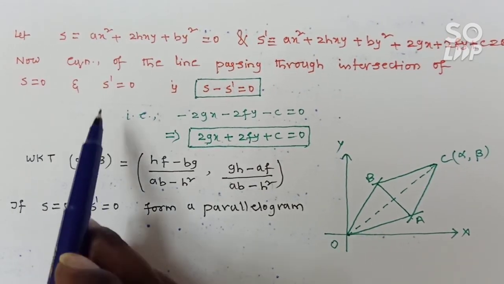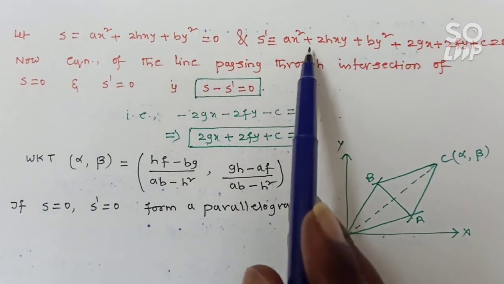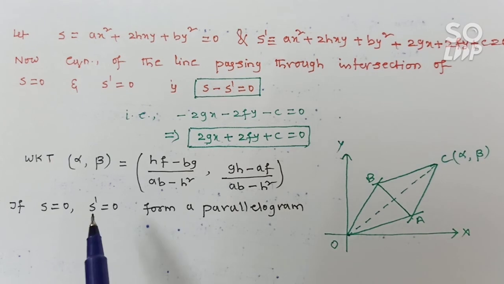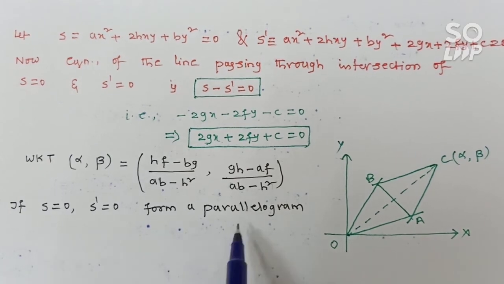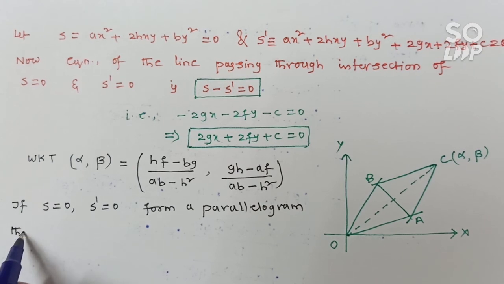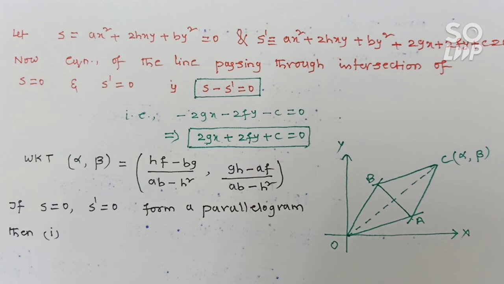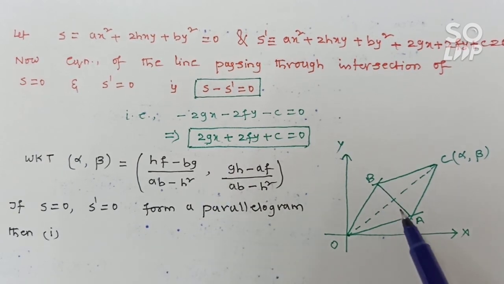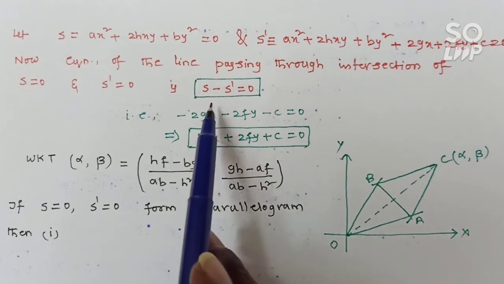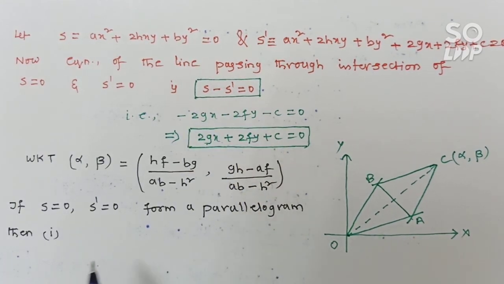S equals 0 is the homogeneous equation, S dash equals 0 is the non-homogeneous one. Form a parallelogram. Then, the first point is the equation of the diagonal not passing through origin, that is the AB equation. So I am saying the AB equation is S minus S dash is equal to 0.